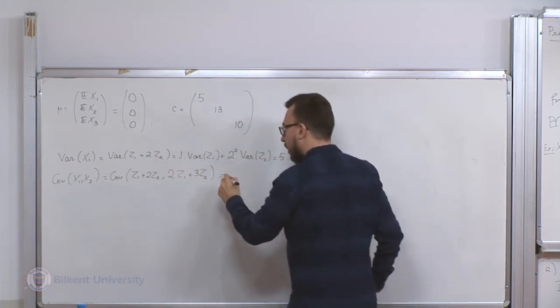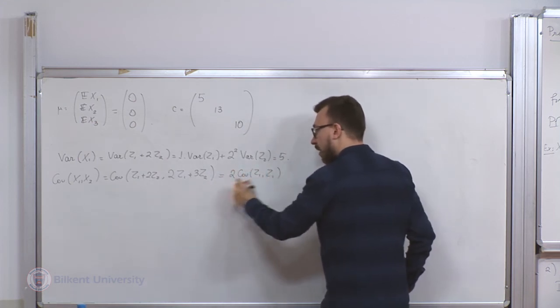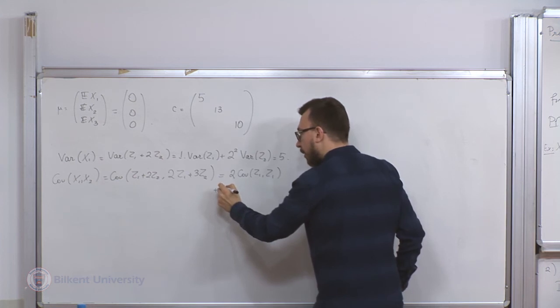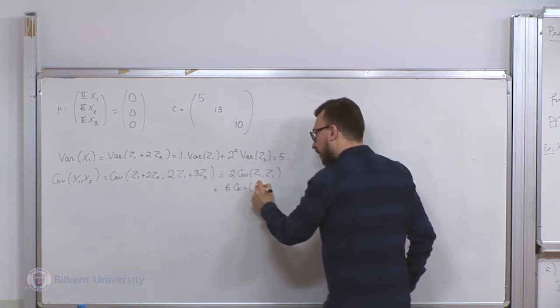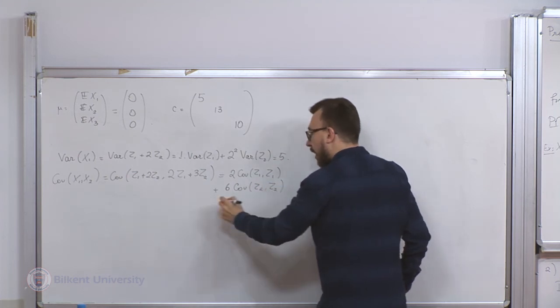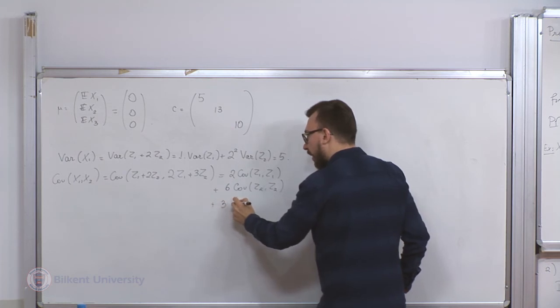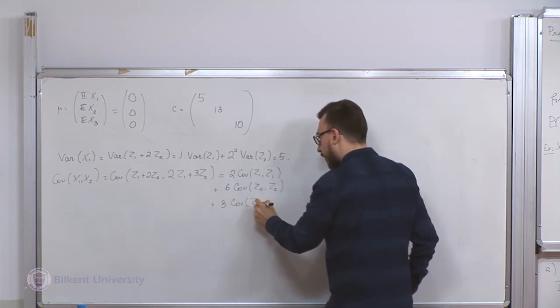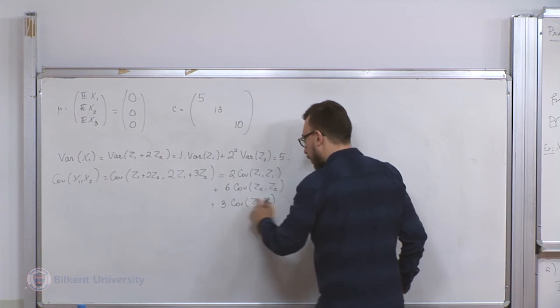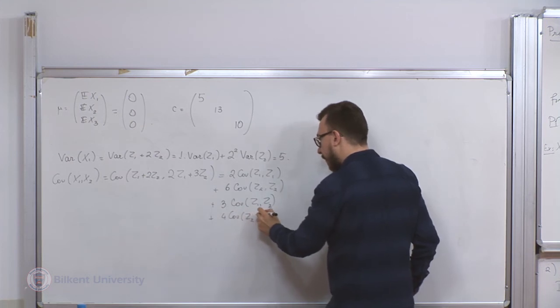So this is 2 times covariance Z1, Z1, plus 6 times covariance Z2, Z2, plus 3 times covariance Z1, Z2, and 4 times covariance Z2, Z1.